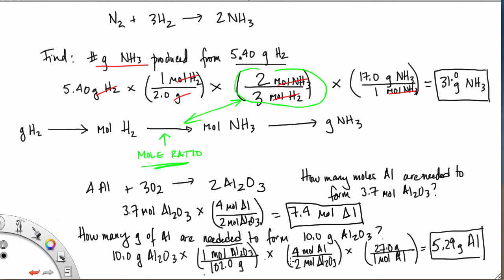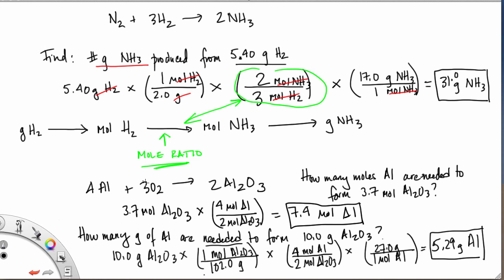So I look at my balanced chemical equation up here, 4 moles of aluminum for every 2 moles of aluminum oxide. Then I convert back to grams of aluminum. This is my molar mass of aluminum, 27.0 grams in 1 mole of aluminum. So I have 10 grams divided by 102 times 4 divided by 2 times 27 is 5.29 grams of aluminum.